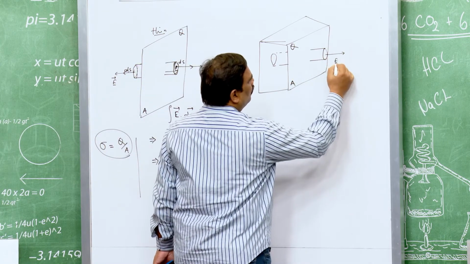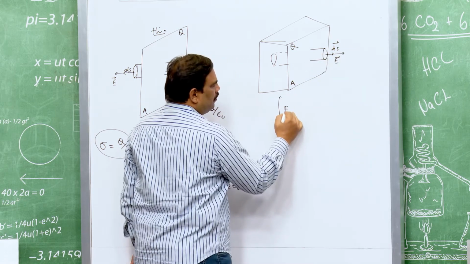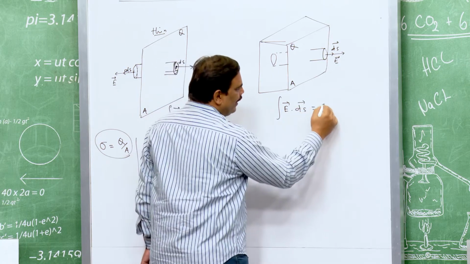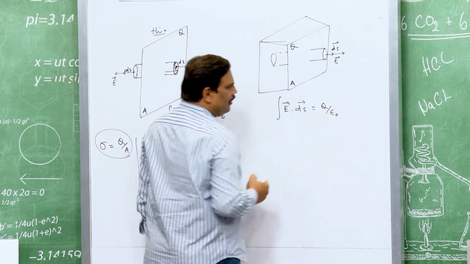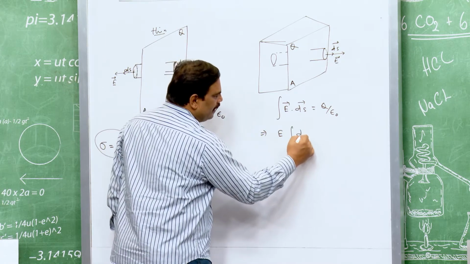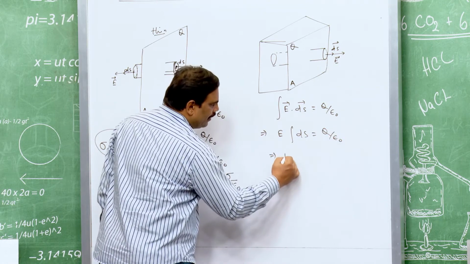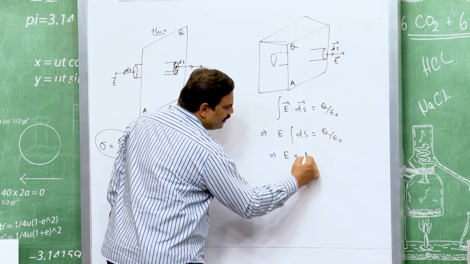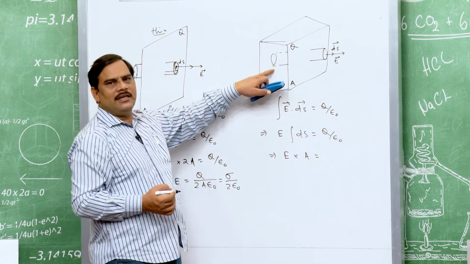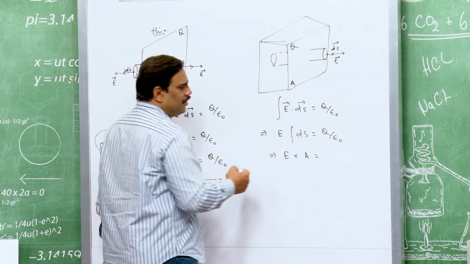When I integrate E dot ds, it will again give me q divided by epsilon 0, where E integration ds is A in this case, because the other ds integration will be inside the surface, so it will not be considered.